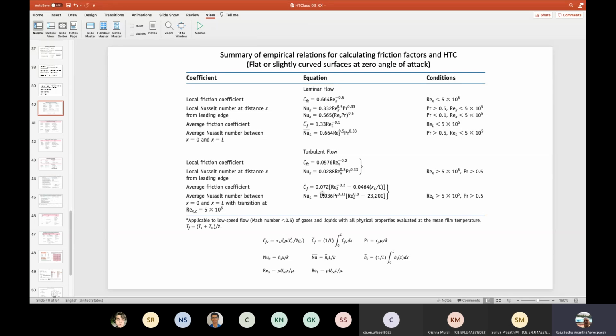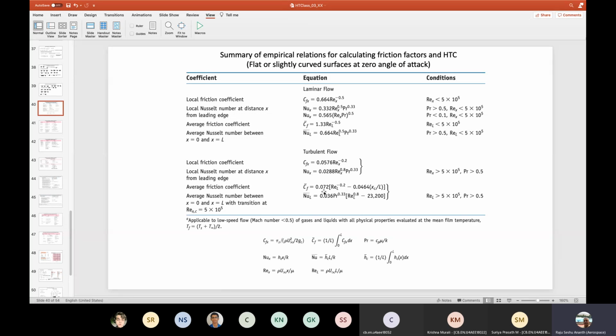Now, the average friction coefficient becomes critical at a particular point xc, because remember at the initial point it may still be laminar, the boundary layer will get to the critical thickness and it will become turbulent. Once it reaches the critical Reynolds number, the Reynolds number is changing as x is changing.